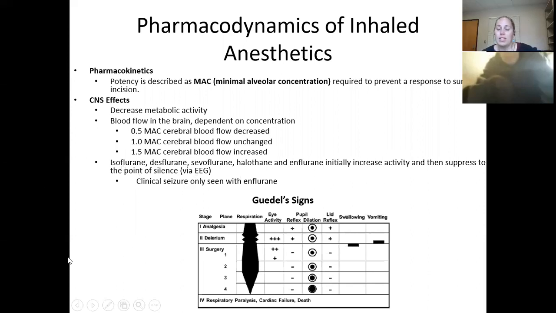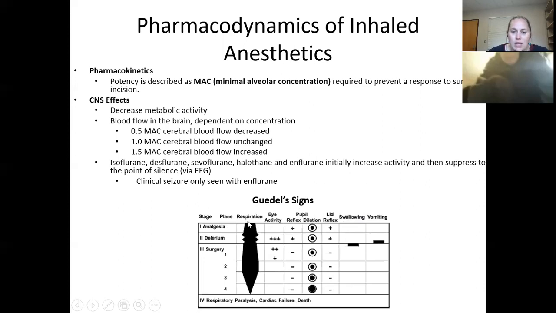Another interesting way in which these effects are monitored is through Guedel's signs. Here you can see the different stages: analgesia, delirium, surgery, and then stage 4 is respiratory paralysis, cardiac failure, and death, if it proceeds to that point. What's nice about this table is it shows you some of the changes over these different stages in respiration, in eye activity, in pupillary reflex and dilation, as well as lid reflex, and swallowing and vomiting.